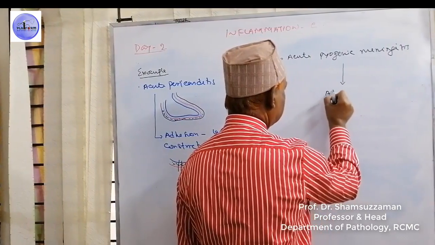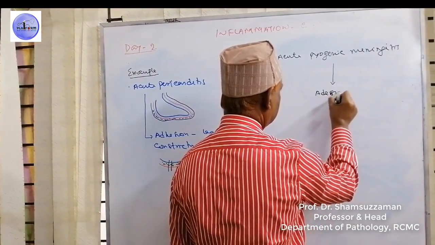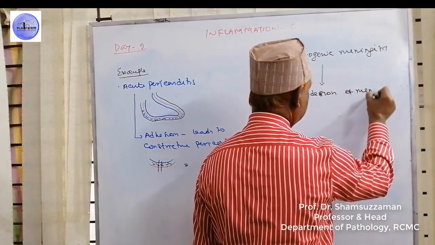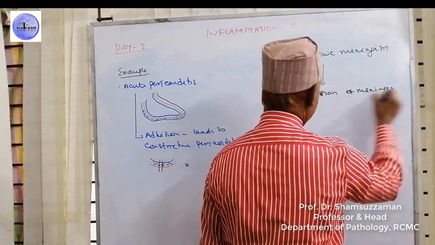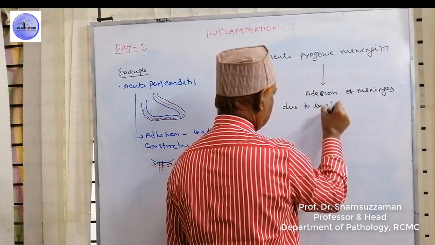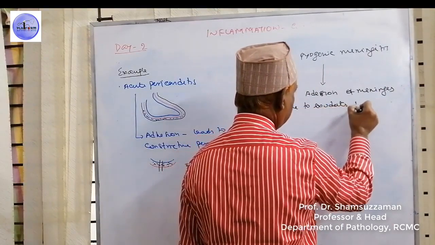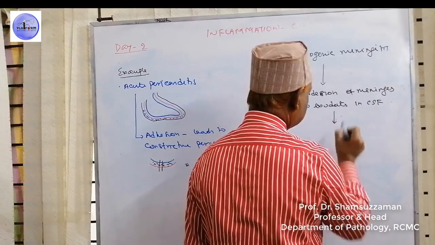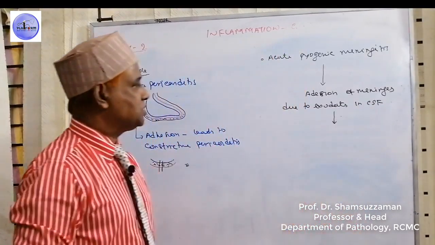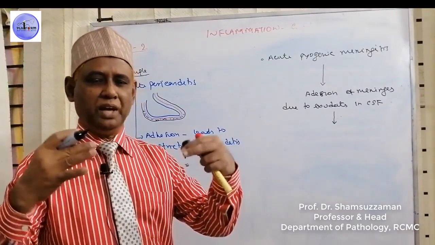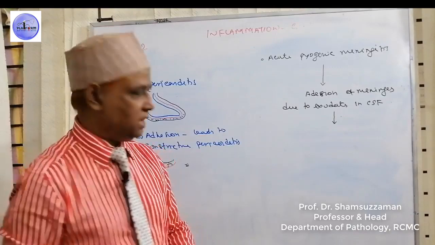There is adhesion of meninges due to exudates. As there is adhesion of meninges due to exudates, what will happen? There will be accumulation of CSF and it will lead to hydrocephalus.